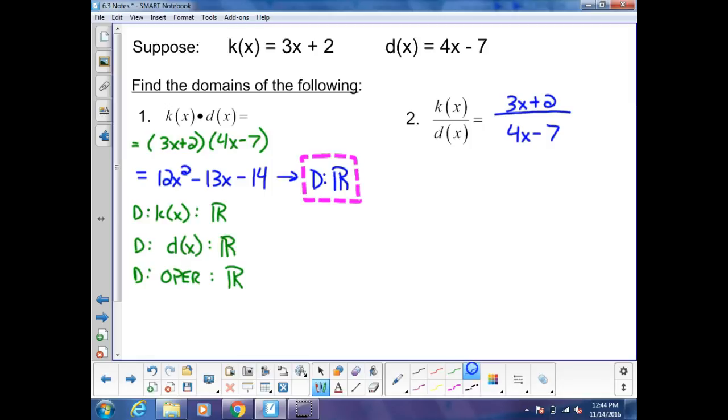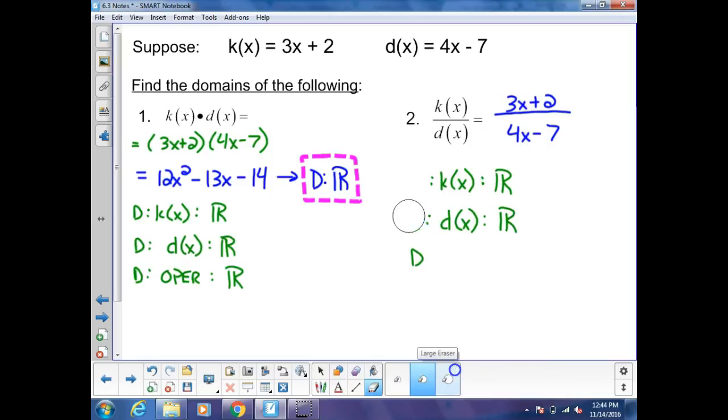So my domain here of k of x was all real numbers. My domain here of D of x was all real numbers. And what's the domain now? Oops, it should be capital D's, not lowercase d's. And the domain of my operation is what?